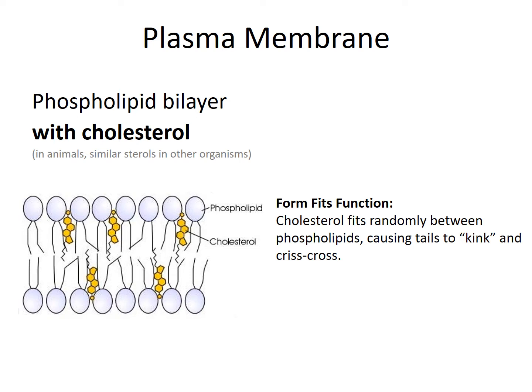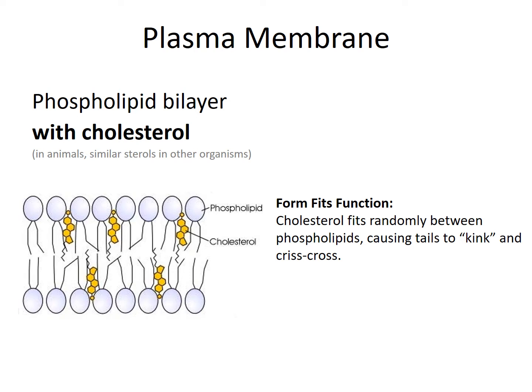In the plasma membrane, the function of these sterols is to embed in the phospholipid bilayer, the way you see cholesterol doing here. They're the little yellow guys that have wormed their way in between their phospholipid neighbors. And in doing this, these sterols fit randomly between the phospholipids and cause the tails of the phospholipids to kink and crisscross one another.